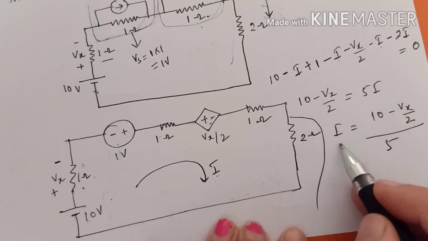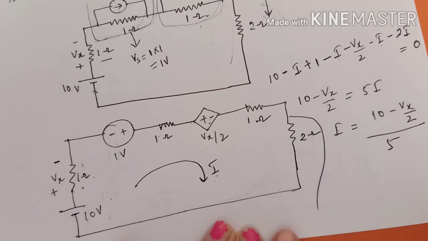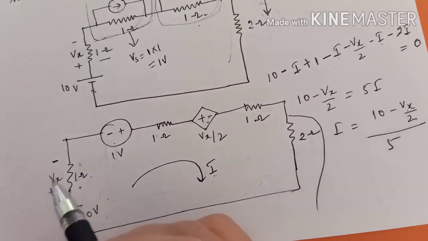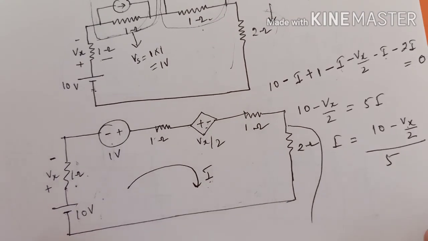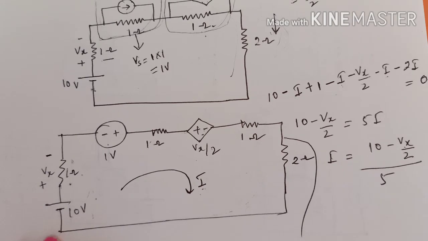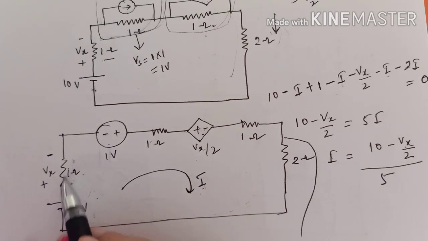So this much current is flowing through the 2 ohm resistor. That is what you need to calculate. So what is the Vx value? Vx is the voltage drop across this 1 ohm resistor. And what is the voltage drop? I into 1.